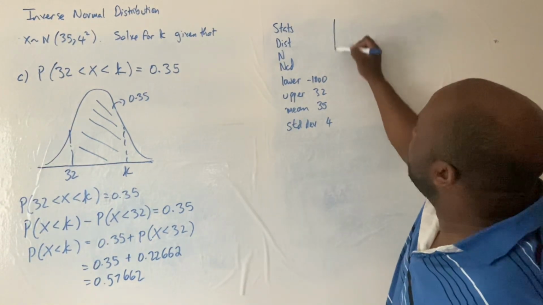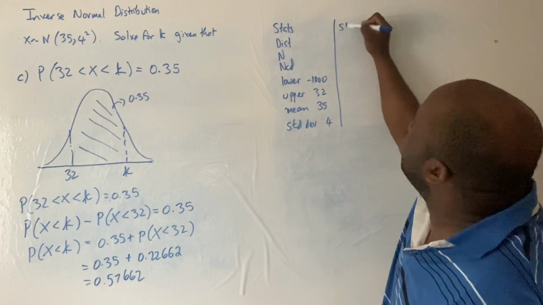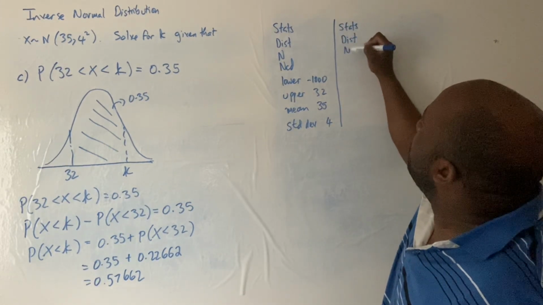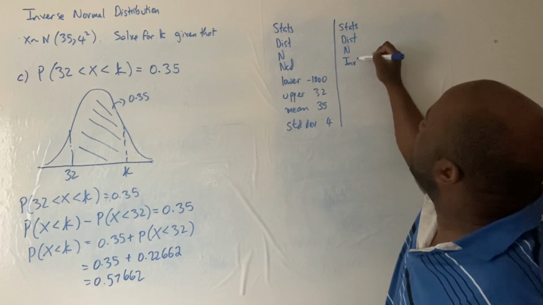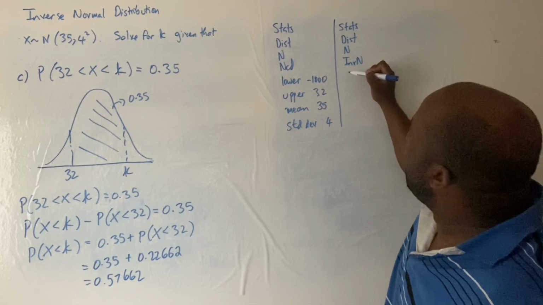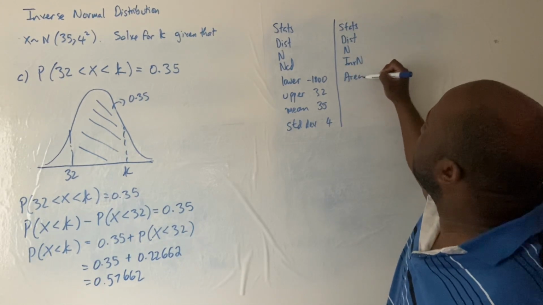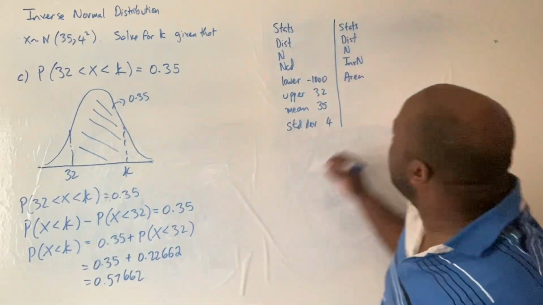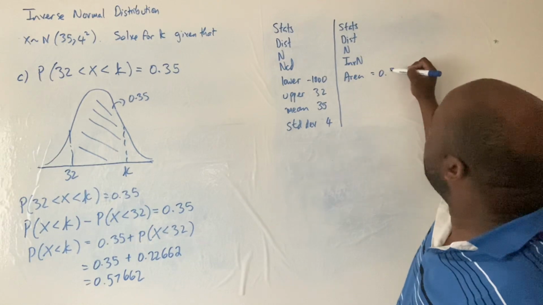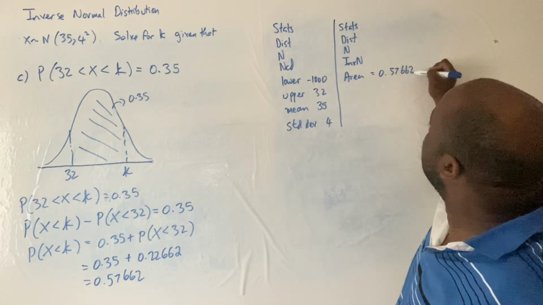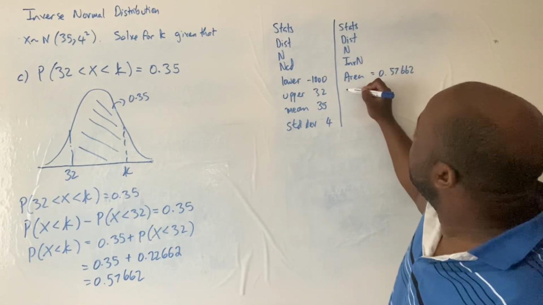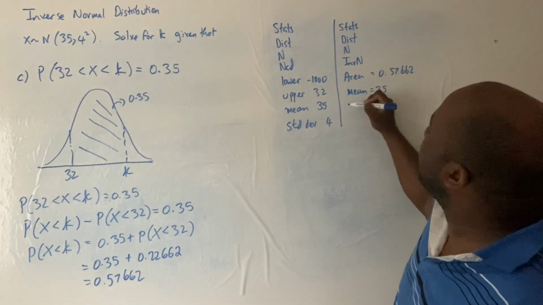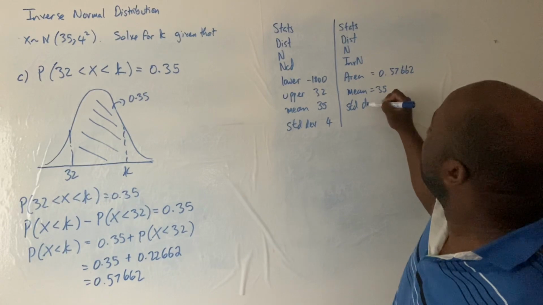So I would go statistics, distribution, normal, inverse normal, and then area, which is the probability that is leftward facing. So we can use 0.57662, and then mean is 35 and standard deviation is 4.